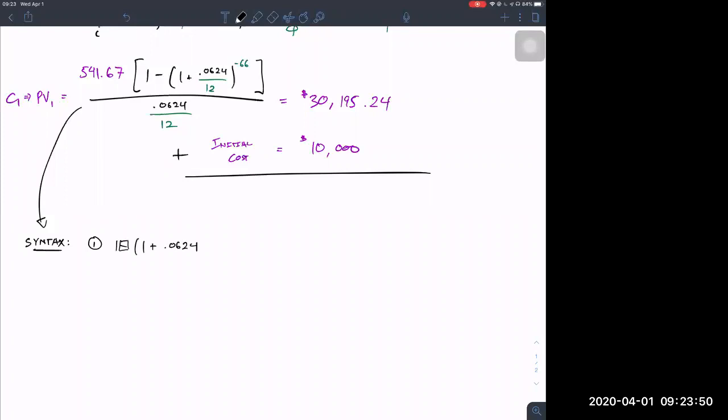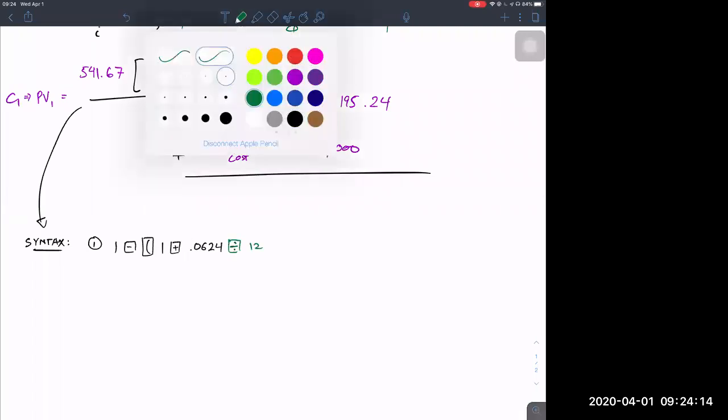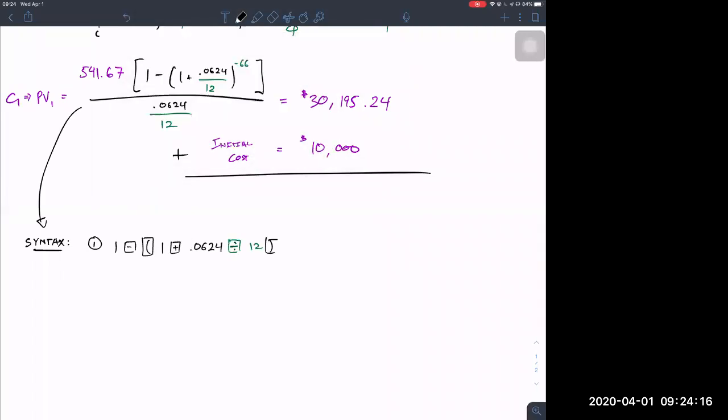Sorry, I didn't write my little boxes. So 1 minus parentheses 1 plus 0.0624 divided by 12, parentheses.